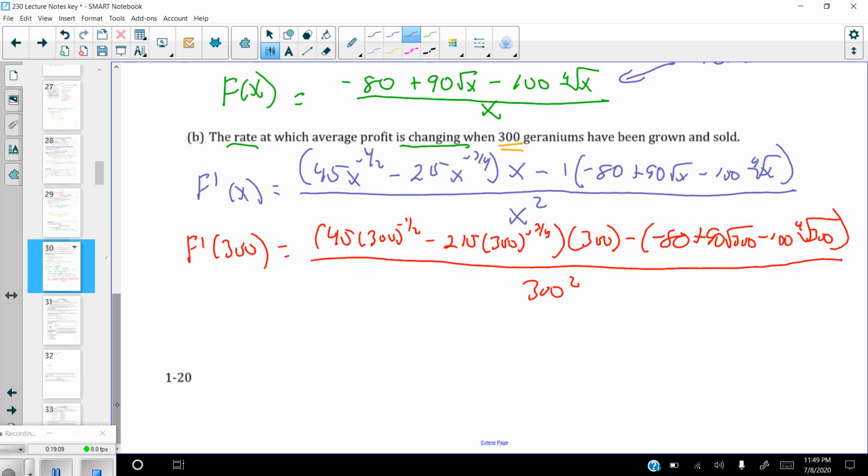And then we're going to have to plug this into the calculator to see what we get. But f prime of 300 is going to be approximately equal to, I am getting negative 0.004. I am not extremely confident that I plugged all that into my calculator correctly.